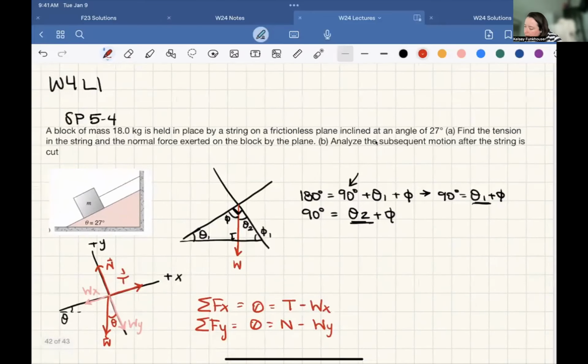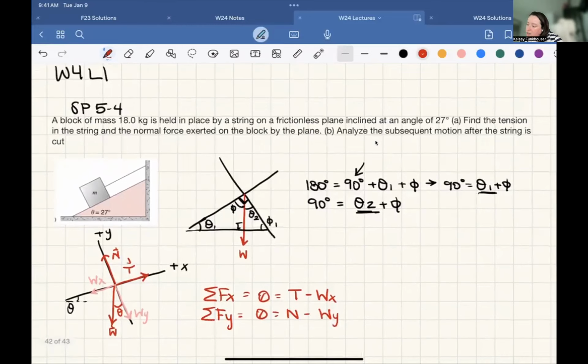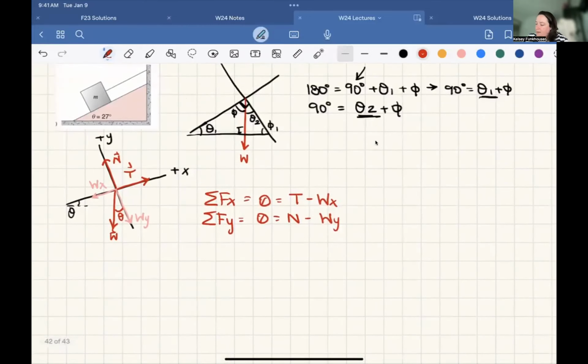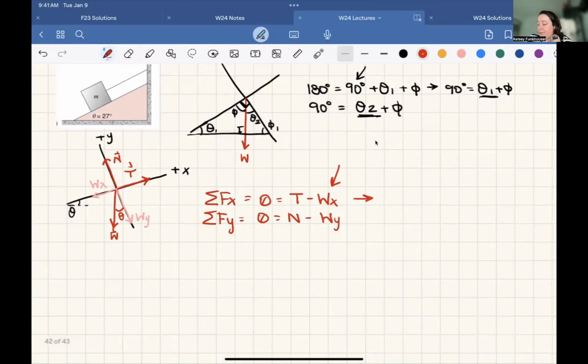And I forgot what they asked for. The tension and the normal force. Okay, cool. Well, that's easy because these equations give us that. If we add the weight force on both sides of both equations, we get an equation for tension, the x component of the weight, and an equation for normal force, the y component of the weight.